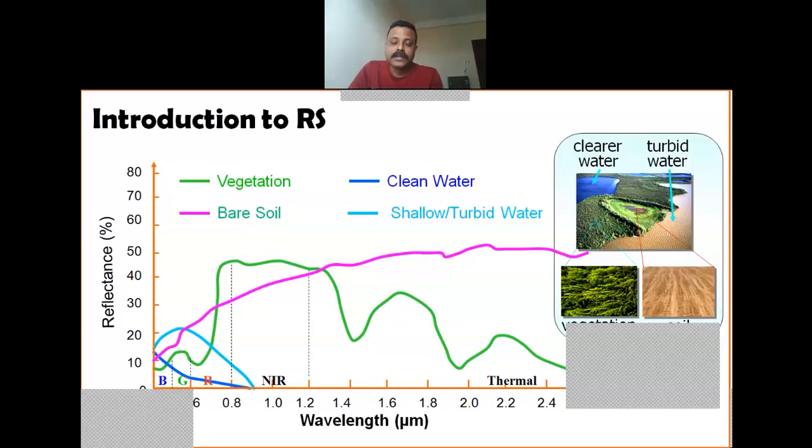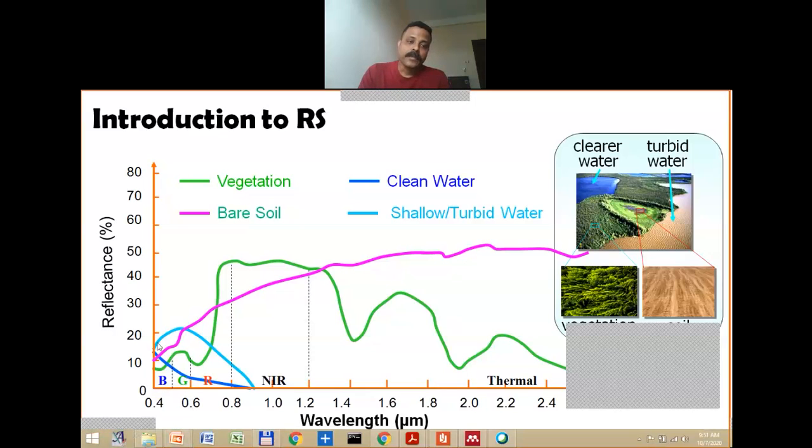Now come back to the kind of responses that you may get from these particular land covers. Look at this graph. Same thing. If this is clean water, this one, then look at the kind of response you expect. In the 400 nanometer range, it has the maximum response of around 13%. See, look at my x-axis, 0.4.